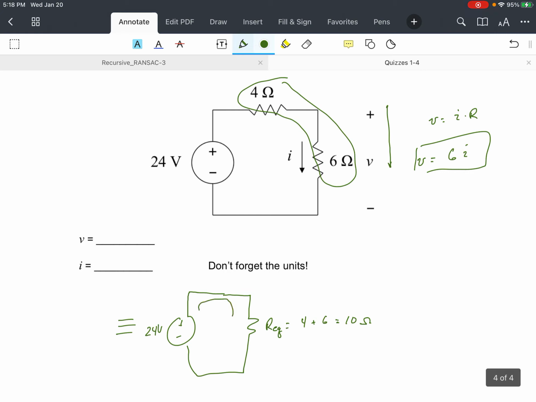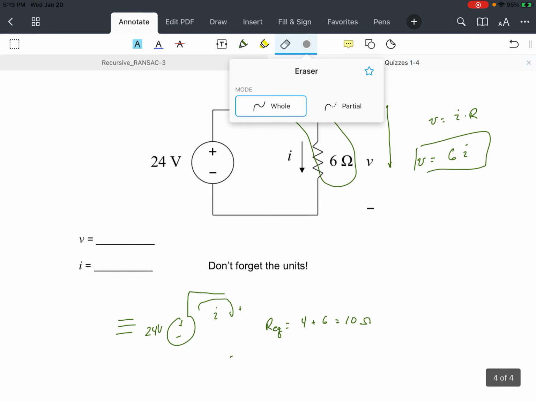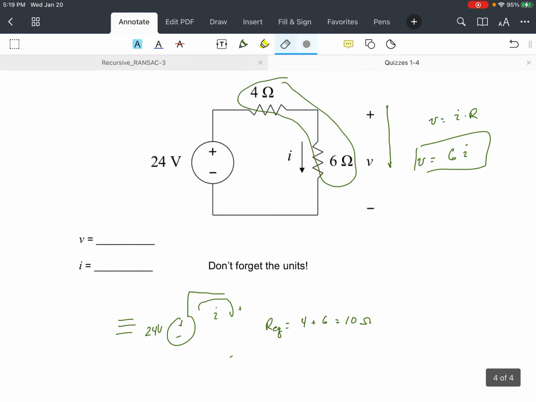The same current flows through both of them, and that is I, and then this is a positive to negative voltage. Okay, so we know that this particular voltage across the equivalent resistance, let's call it V equivalent.